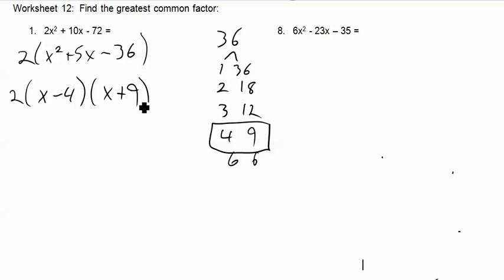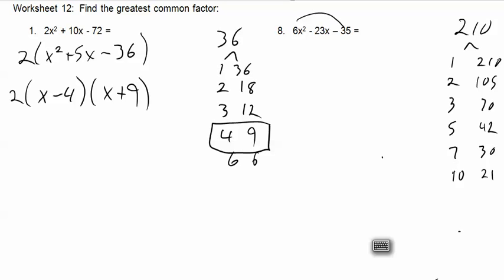Alright, on this one, is there anything we can factor out? There is not, so we do that the normal way. So we multiply these two. I went ahead and paused it and worked that out. So the 6 times negative 35 is 210. Here are the factors. Again, remember, in the y equals, you can go 210 divided by x to find these.